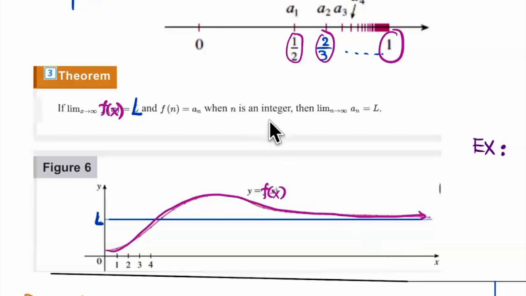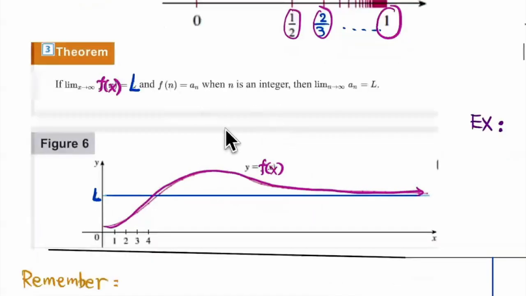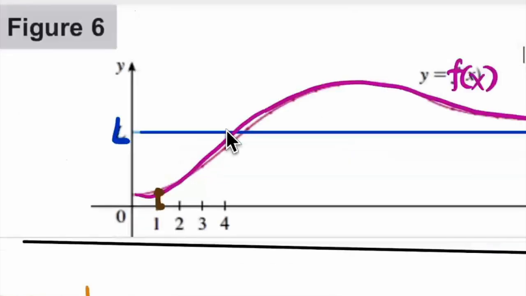Now, if you let a_n be f(n), so what is a1? Let me use a different color. A1 here will be this, the y coordinate of this point when the x here is 1. And A2 will be the y coordinate of this point when x is 2.